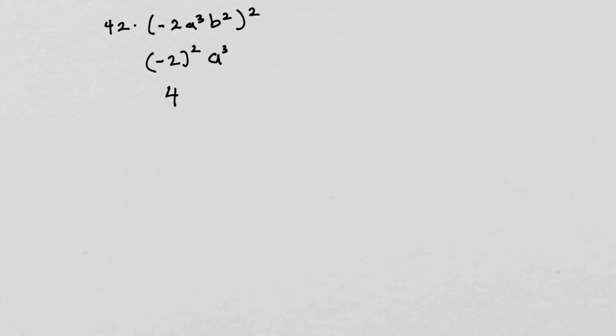So we have a exponent 3 times 2 and b exponent 2 times 2. So this will give us 4a exponent 6, b exponent 4.